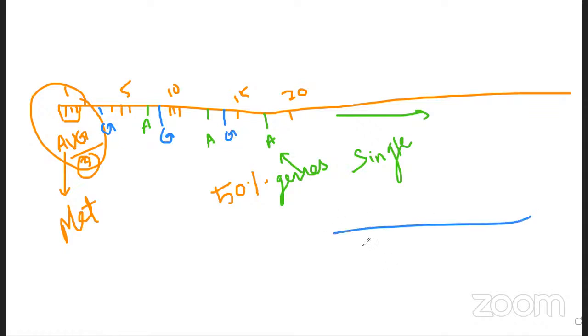Okay. So take an example. This is single. So G. Okay. And also A. So these are all single. Okay. Suppose it is a triplet, see that this is a triplet.